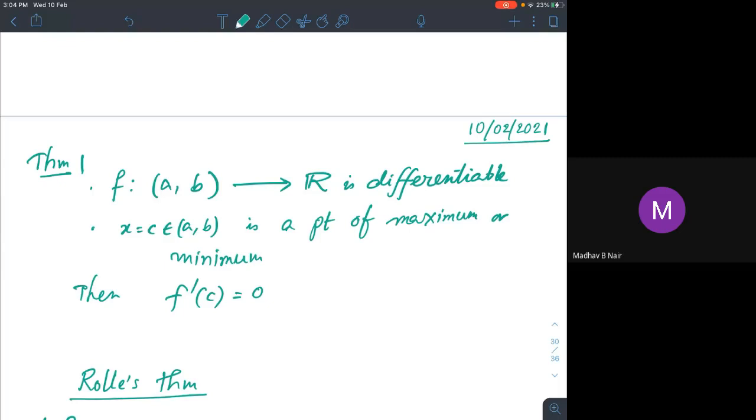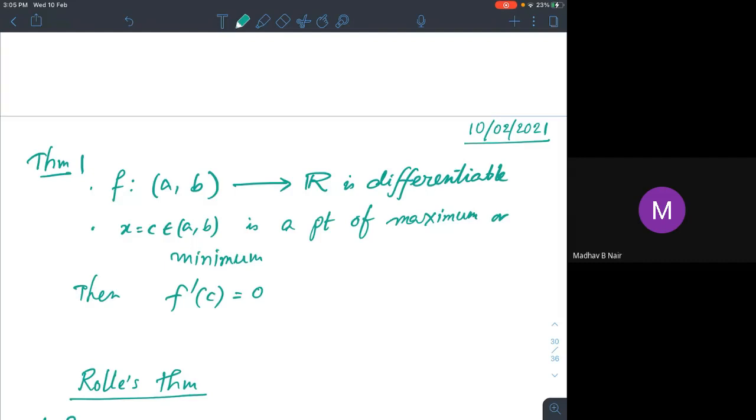Suppose c is a point of maximum of f plus g. Then the derivative of f plus g is 0, so f prime c is equal to minus g prime c. That is the only part that is new.